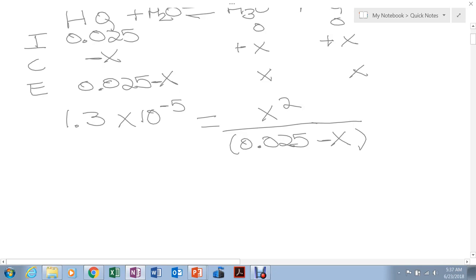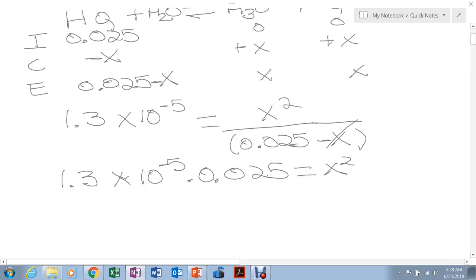So this is going to be 1.3 times 10 to the negative 5 multiplied by 0.025 equals x squared. And this gives me 3.25 times 10 to the negative 7.